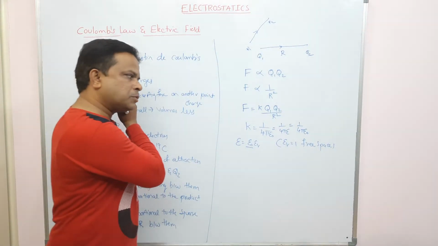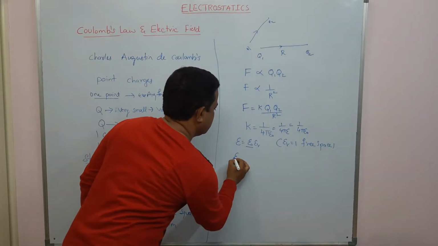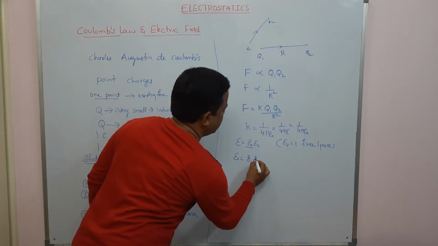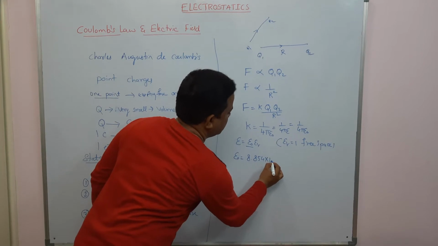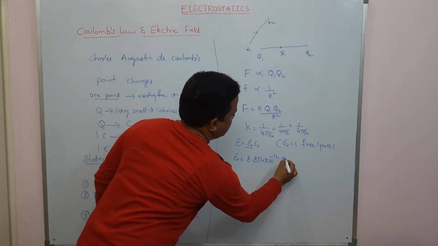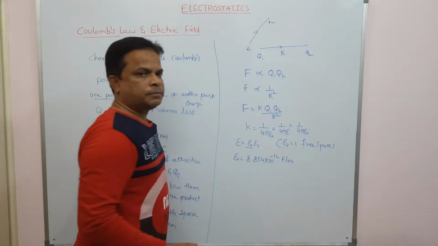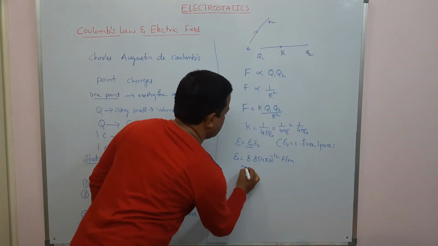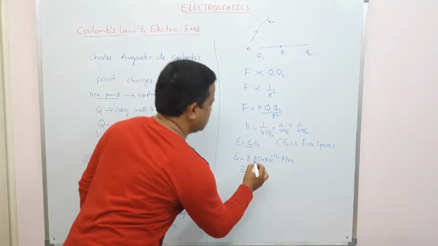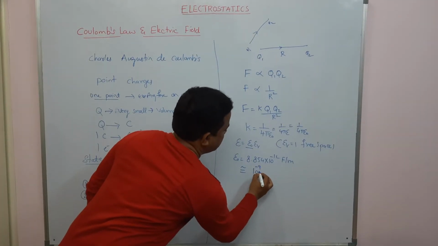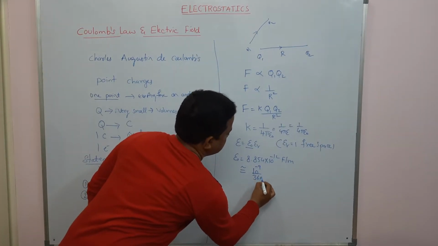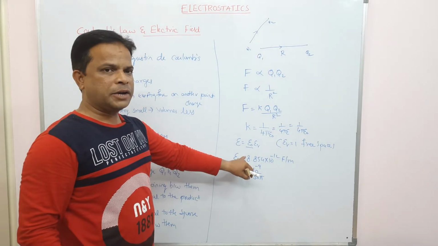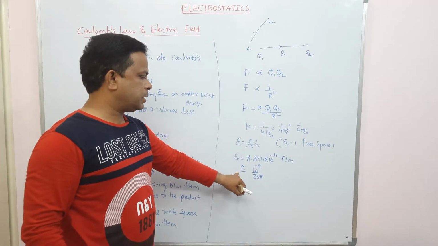Here epsilon naught is nothing but the permittivity of free space. It is given by the value 8.854 into 10 to the power of minus 12 farads per meter, or another approximate value used for problem solving, that is 10 to the power of minus 9 by 36 pi. Both values we can use; this is the exact, accurate value and this is the approximate value.